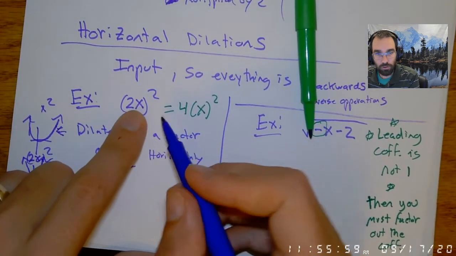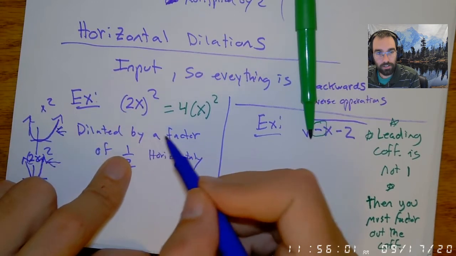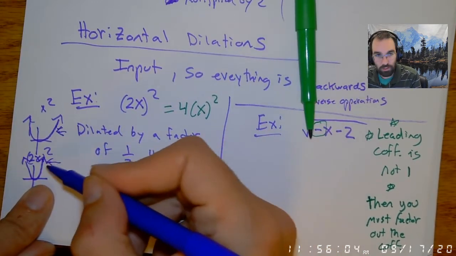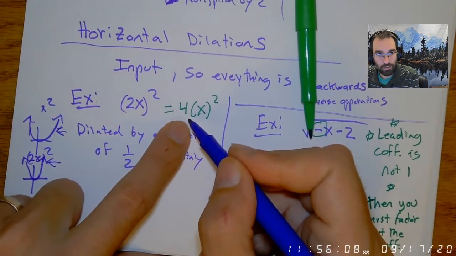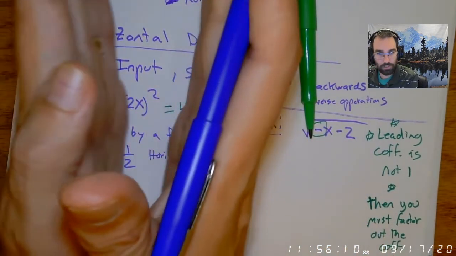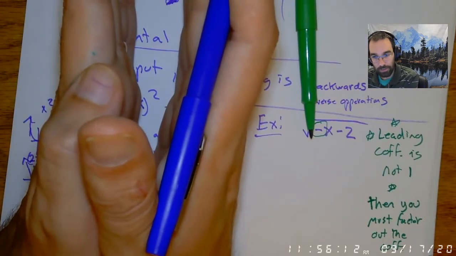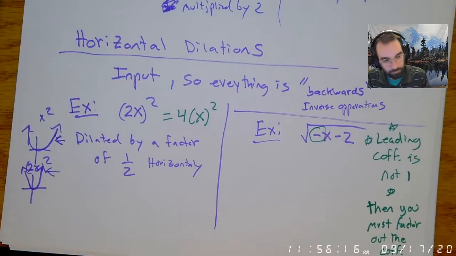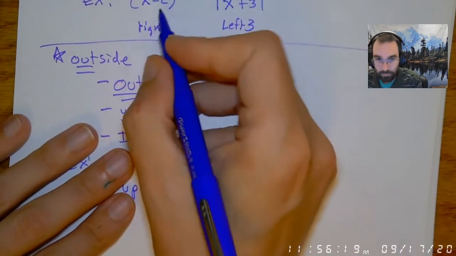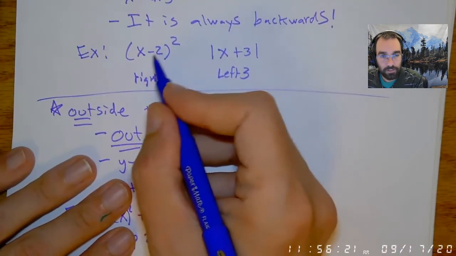Because, and this is what I was trying to show here, a dilation factor of 1/2, when you're pushing it in, is the same as having a vertical dilation of 4. And you can think of a vertical dilation of 4, it's going to make it a lot skinnier, right? So just like here, if it's inside, it's backwards.